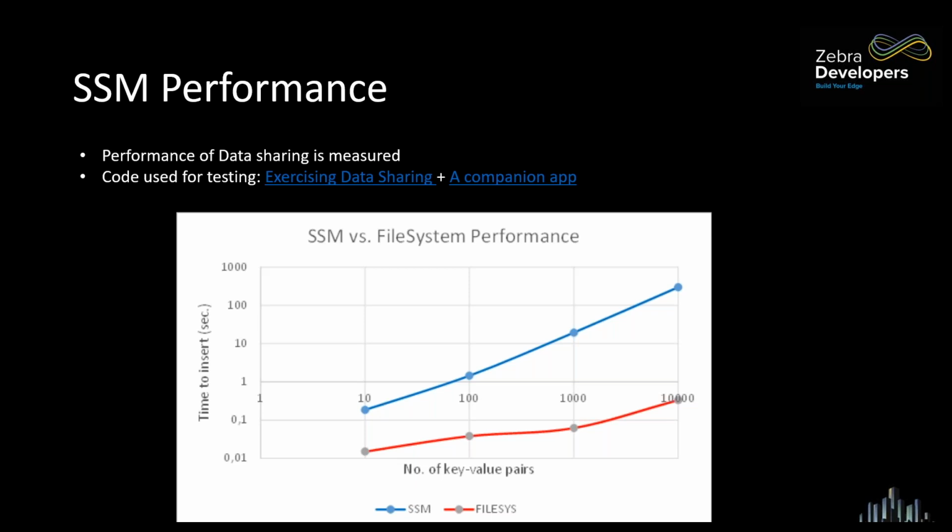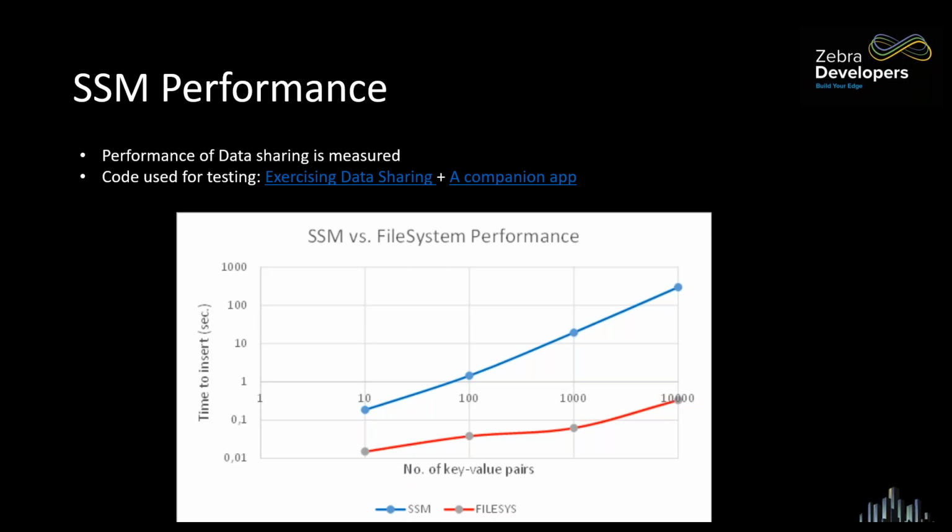If you try to insert 1,000 records, you have to wait with the SSM around 20 seconds with the device that I was using, while the file system operates in less than a fraction of a second.